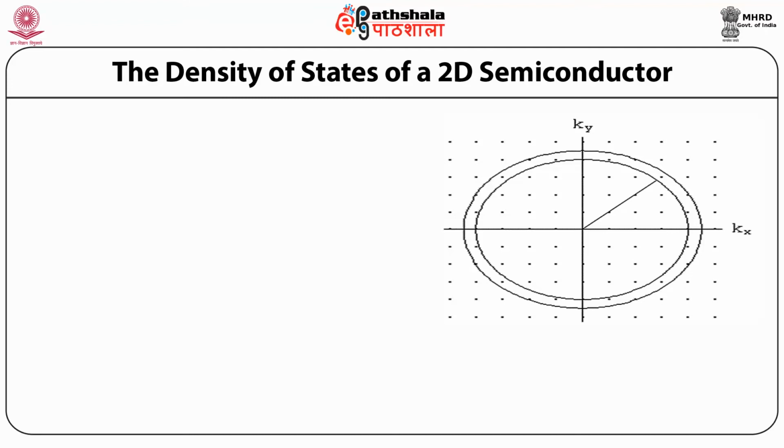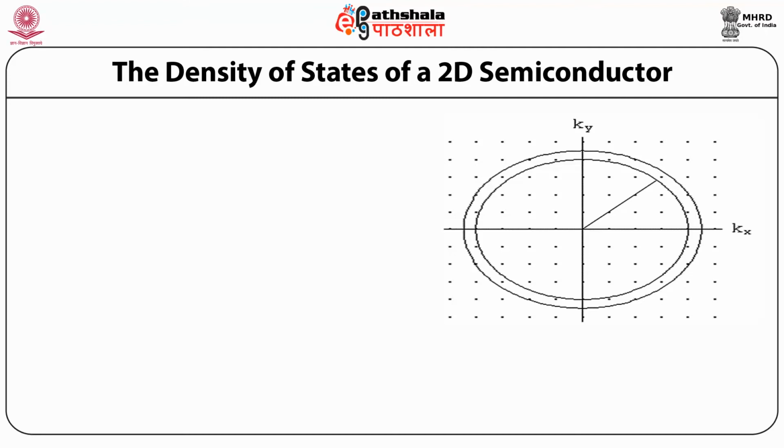Here we will assume a k-space volume of the single state cube inside the k-space, that is V single state, assumed to be pi by a multiplied by pi by b, equal to pi square by A, equal to pi square by L square.